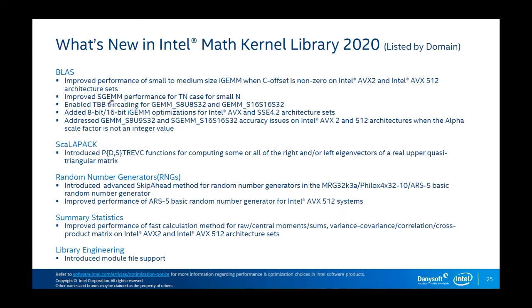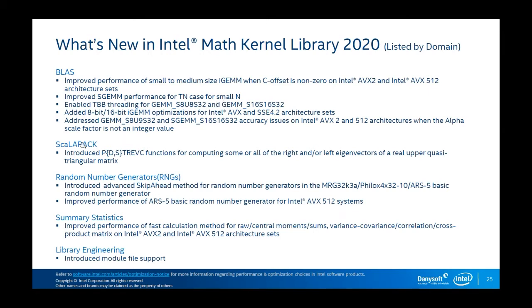And it is also enabled in the TBB, the Threading Building Blocks library, the use of matrix multiplication with other types of precision, in 8 bits, signed or another type.